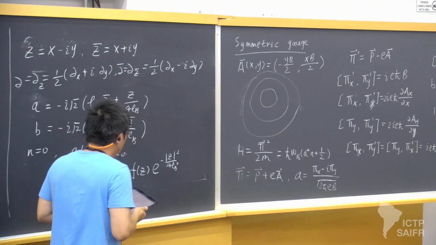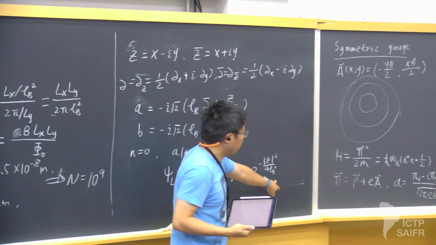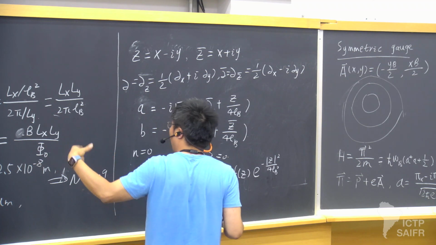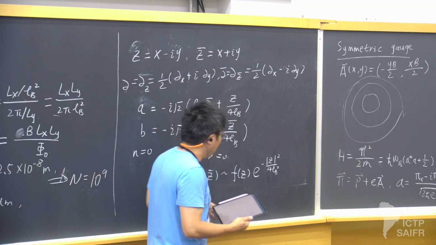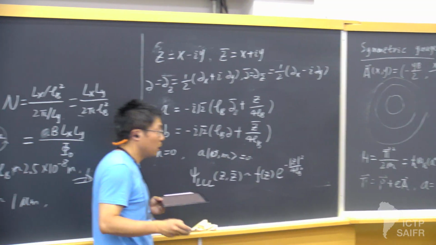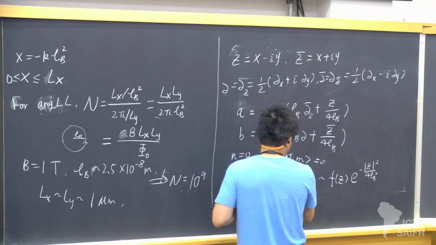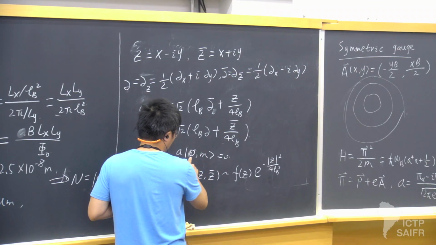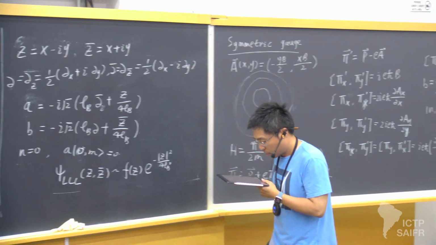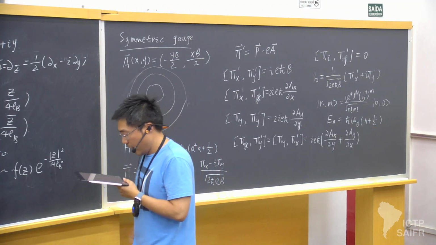Again, I get an exponential factor similar to the case of the Landau gauge, and f(z) is a holomorphic function of z. For the lowest Landau level, n equals 0, the wave function should have this form.